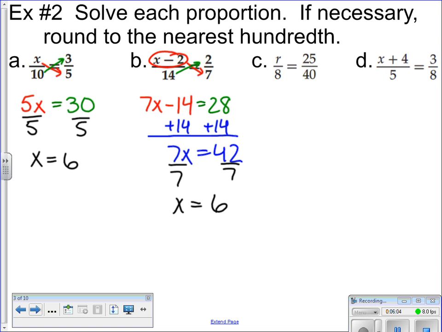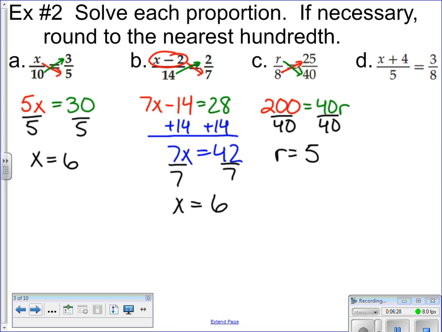All right, and then the third one, 8 times 25, that should be 200. R times 40 is 40R. Divide by 40. R equals 5.